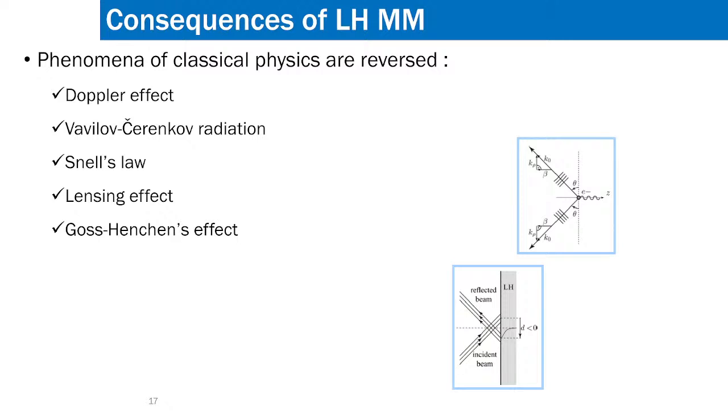So these are the consequences of left-handed material. The classical physics phenomena are reversed. Next. Now, when these were told by different scientists working in the DNG material, other scientists also tried to see what is happening, and some objections were raised against the topic of DNG material.